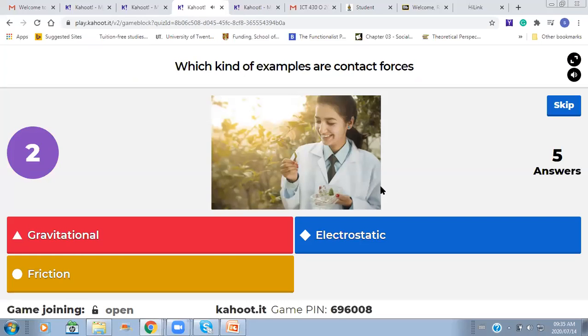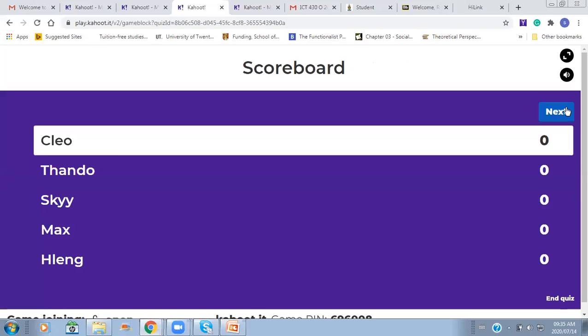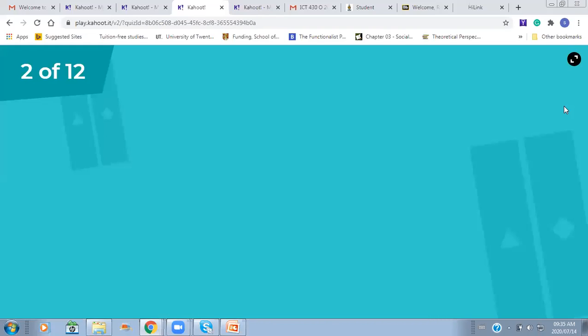Let's see. Very good. 3 people got this right and 2 people got this one wrong. The one who answered first was Cleo. The 3 of you got it right, but Cleo answered first. All right, let's go to the next.